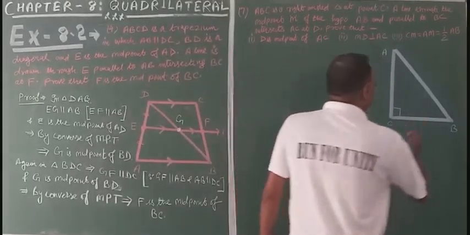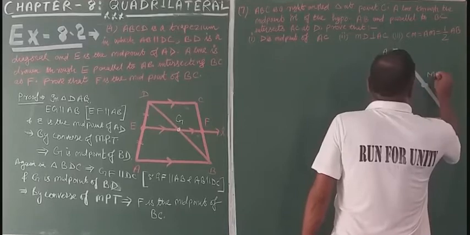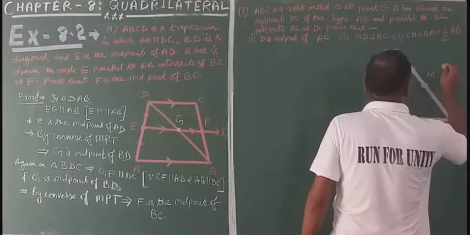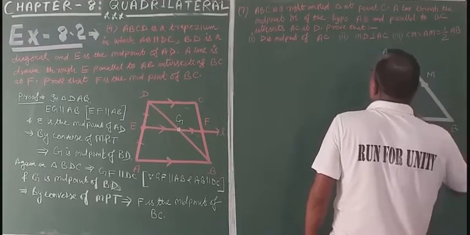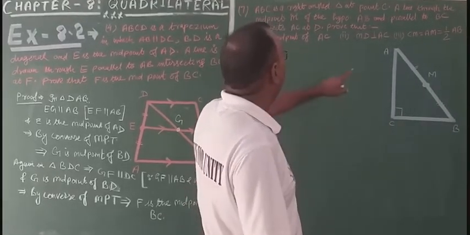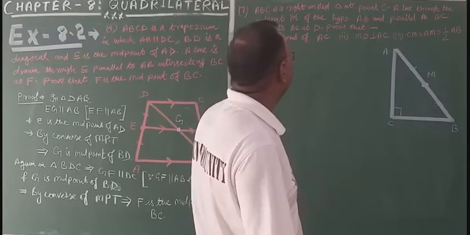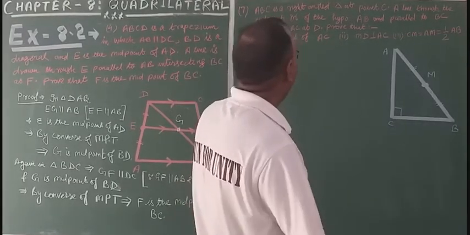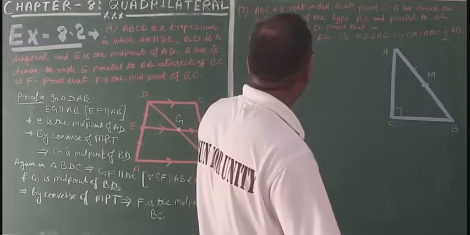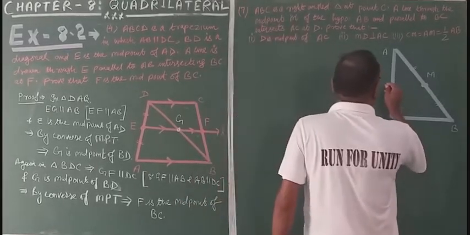This M is the midpoint of the hypotenuse, therefore AM is equal to BM. A line through the midpoint M of the hypotenuse AB and parallel to BC intersects AC at D.